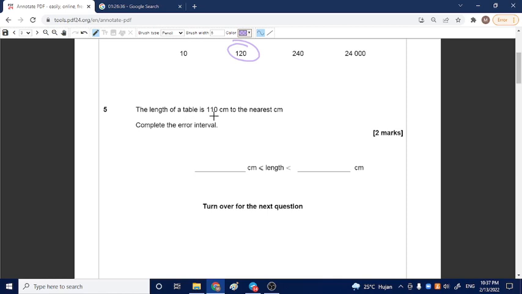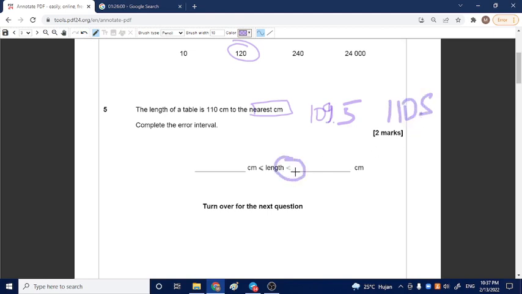The length is 110 to the nearest centimeter. The lower bound is 109.5, because when we have 0.5 we round up, so this would be 109.5. Wait, I shouldn't be writing this first. And then the upper bound would be 110.5.